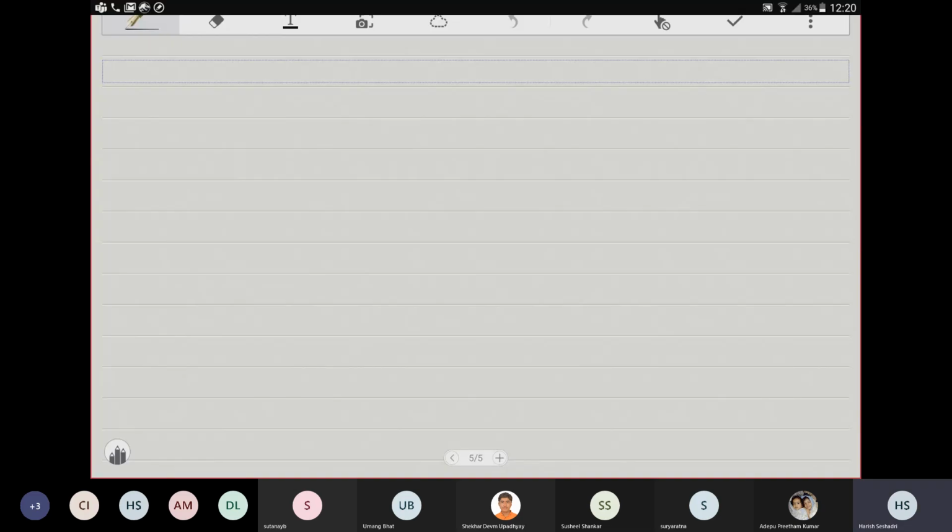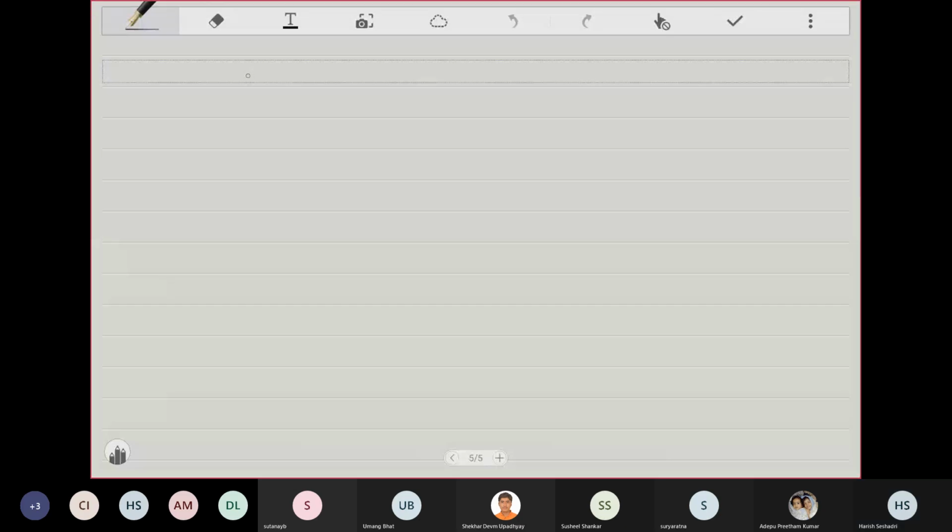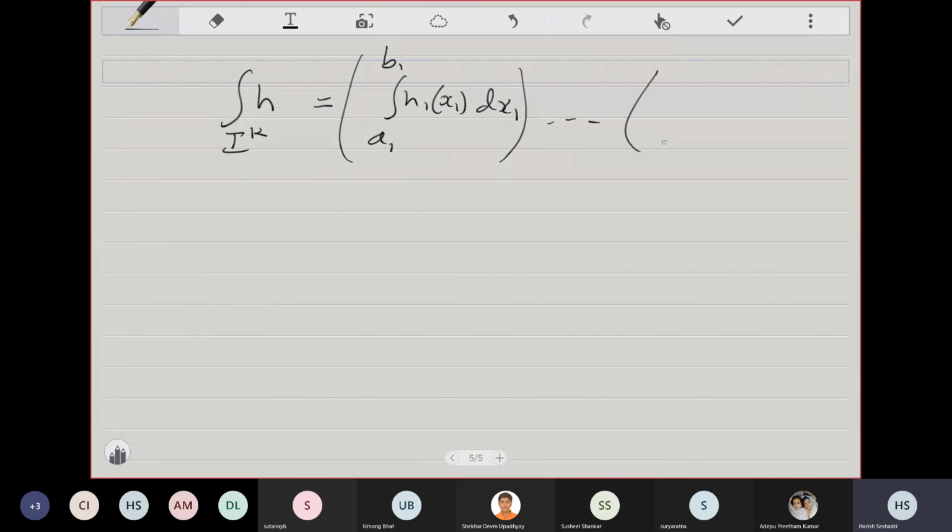The k equals 2 case, but the same thing will work for any k as well. This integral of this kind of function will turn out to be just h1 x1 dx1 product of all these intervals.